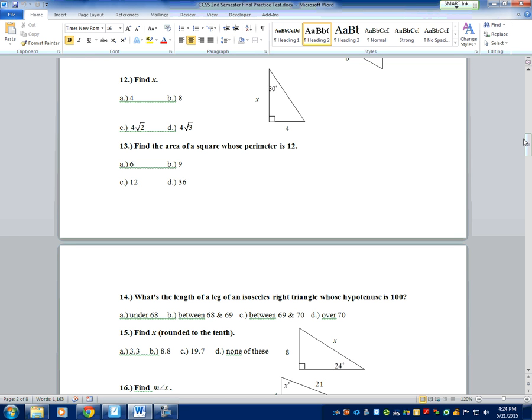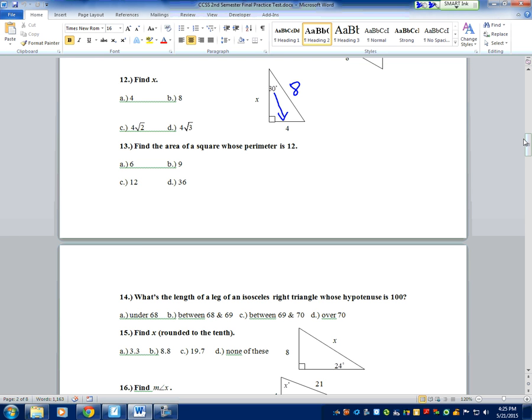So number 12, it says find x. We've got a right triangle. We've got an angle given. I'm thinking special right triangles or maybe some sine, cosine, or tangent function. If you have 30, 60, 90, and if that's a 30, then this is the shortest side. So the hypotenuse would be double the shortest side, which is 8.